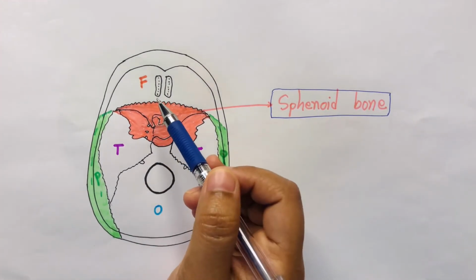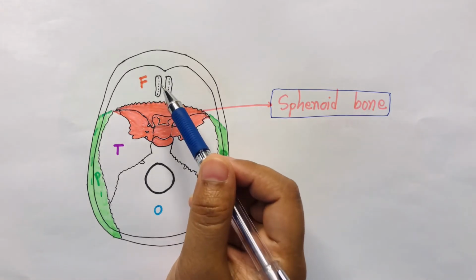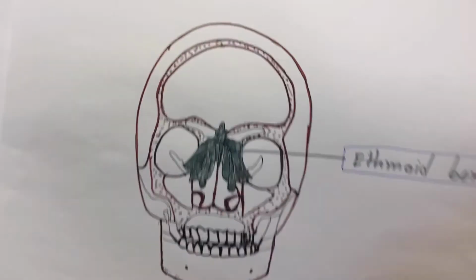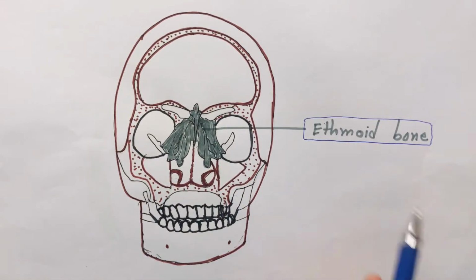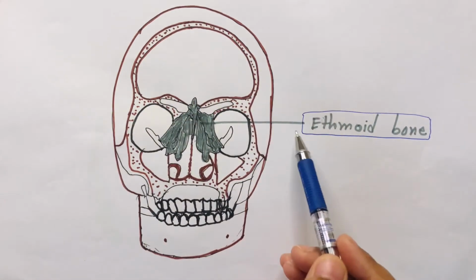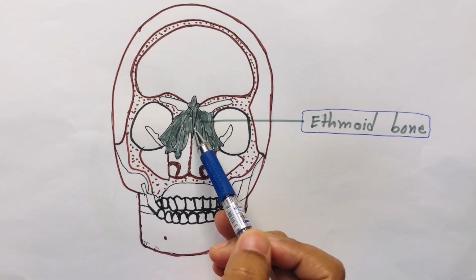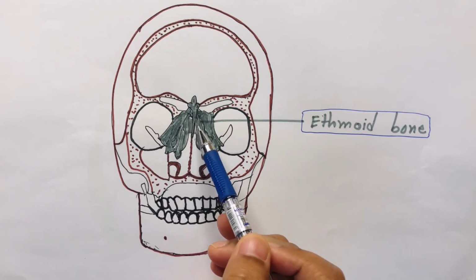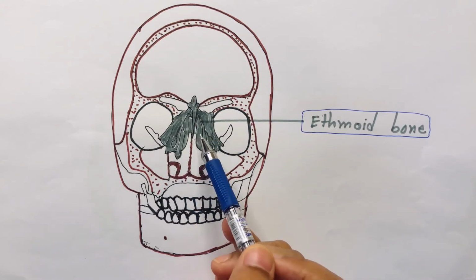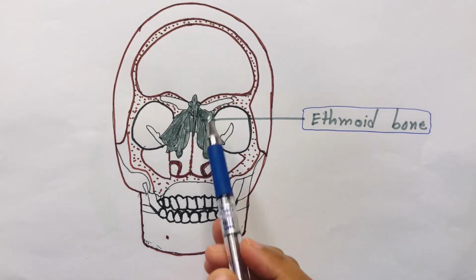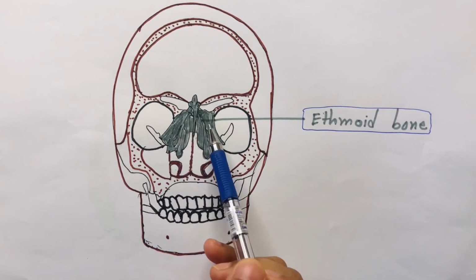Now we will see our last cranial bone, that is the ethmoid bone. So again, this is the anterior view of the skull, and we removed our nose bones and cartilages, so we can see the nasal cavity, and this is our ethmoid bone.